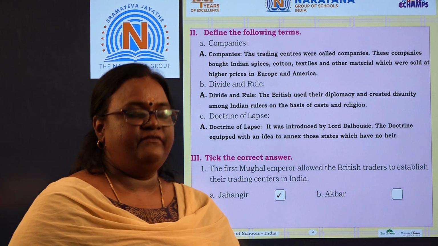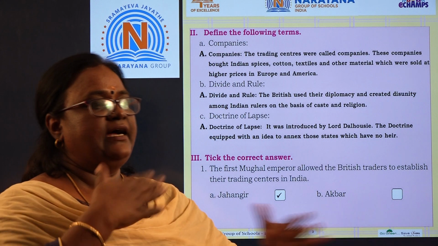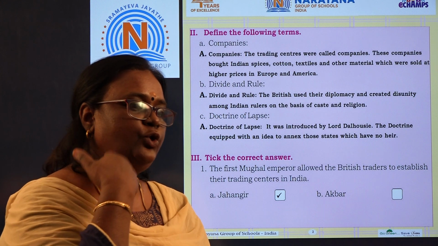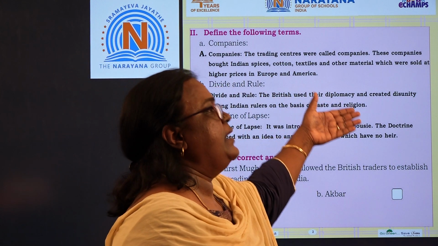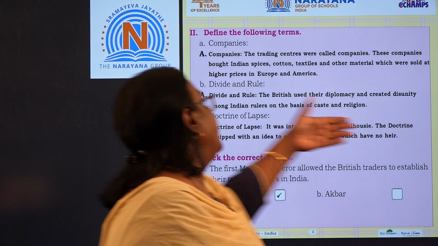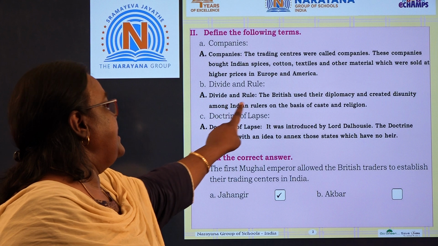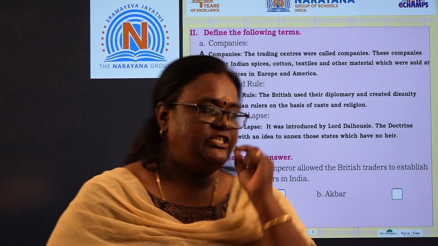When we were all together, the East India Company started to disunite us. That is why the British used their diplomacy and created disunity among Indian rulers on the basis of caste and religion.